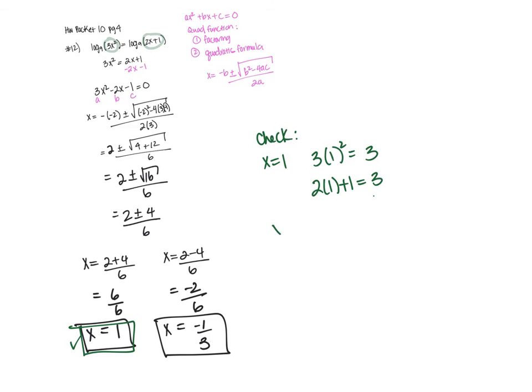Okay, and then we have x equals negative 1 over 3, and we're going to check that. This one's a little tough because it's a fraction, but it's not too bad. So I have 3x squared, so if I plug that in, 3 times negative 1/3 squared. If you take this power here, negative 1 over 3 squared is positive 1 over 9.